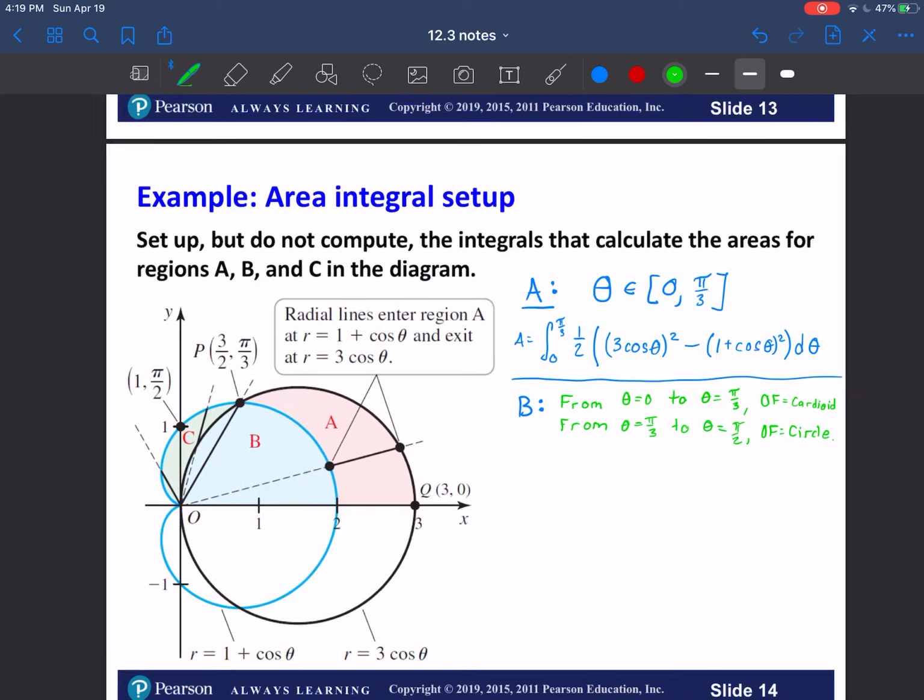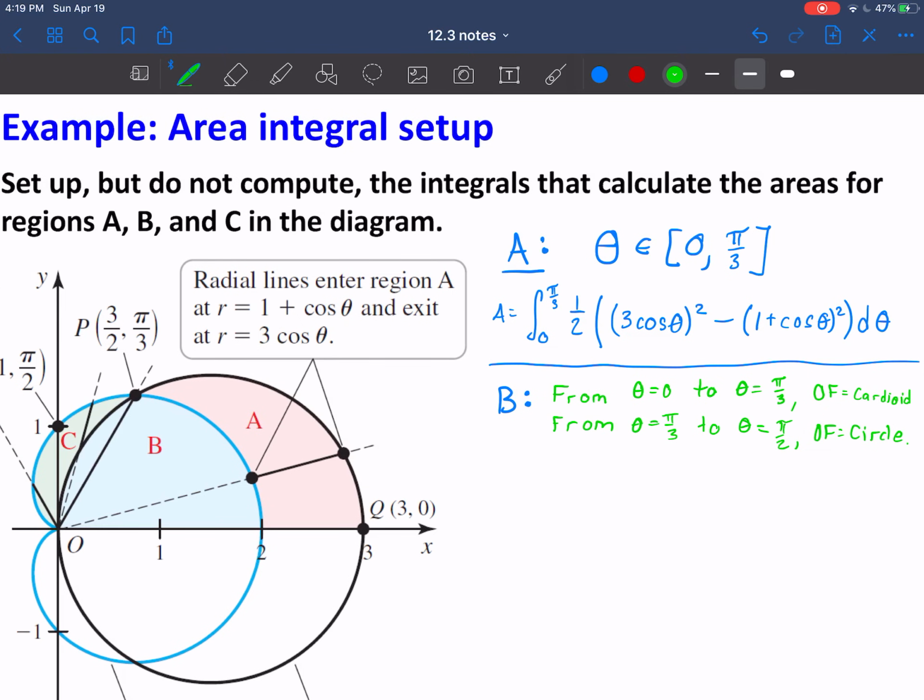Okay, and so using this information, we have that the area is equal to a sum of two different integrals. So this is going to be the integral from 0 to pi over 3 of 1/2 times the outer function squared, and in this case it's the cardioid, which is 1 plus cosine theta quantity squared.